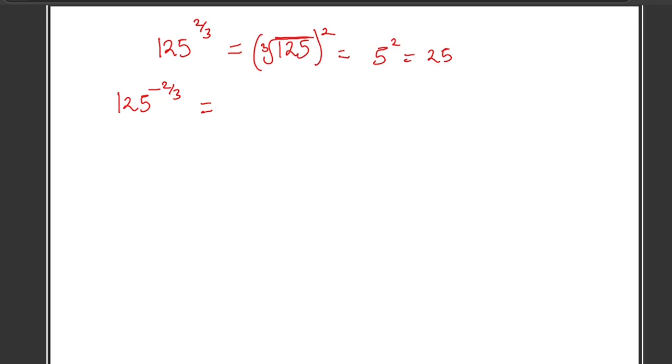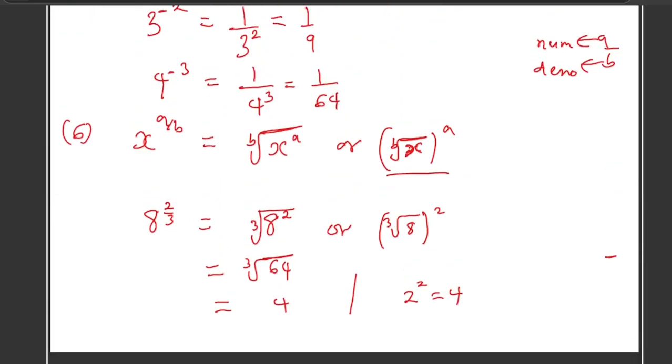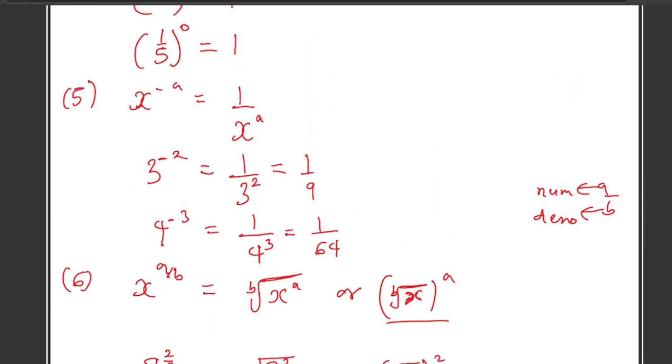What do we do? Anytime you have a case like this, I would advise you to eliminate the negative sign before you proceed. That means apply law 5 first. If you have a negative power, it simply becomes 1 over that number without the negative sign.